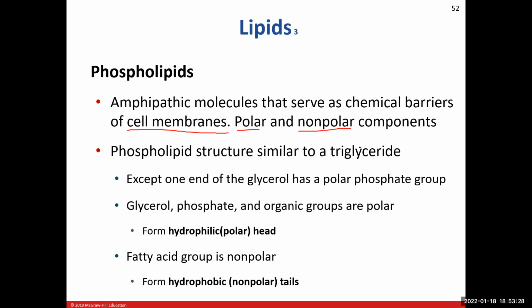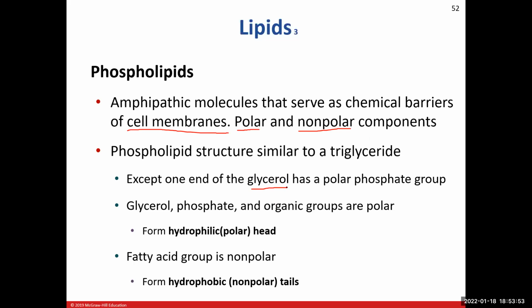So they're going to look similar to a triglyceride, except we're only going to have 2 fatty acids attached to it. So one end of our molecule is going to have that glycerol group there. And then on the other part, we're going to have 2 fatty acids.